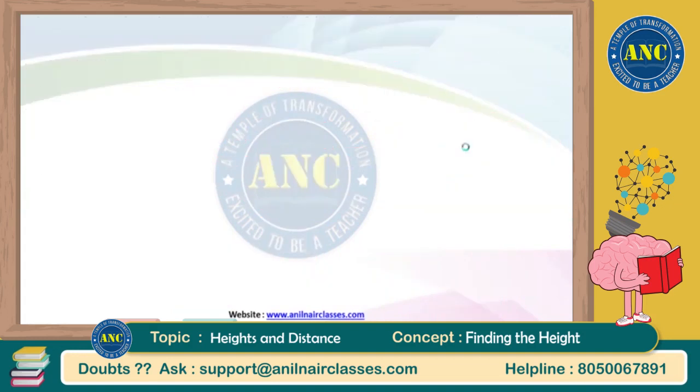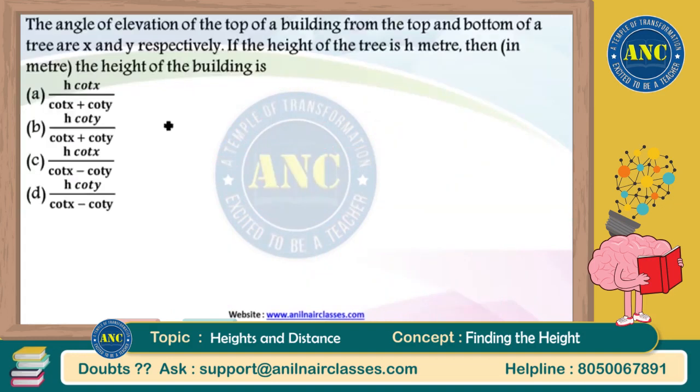Please see question number 14, sir. Question number 14 says, the angle of elevation of the top of a building from the top and bottom of a tree are x and y respectively. That means there is a building. I will call that building AB.